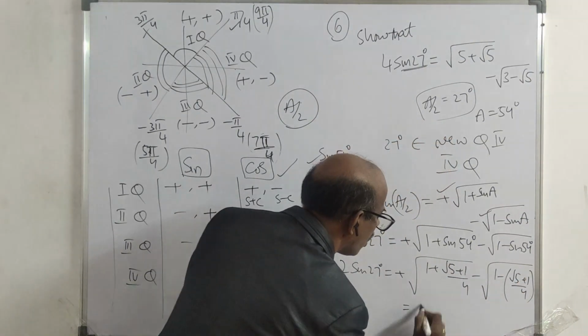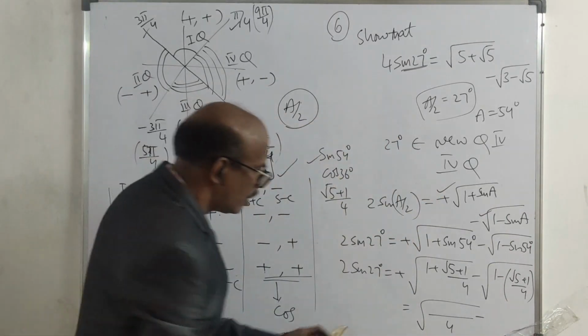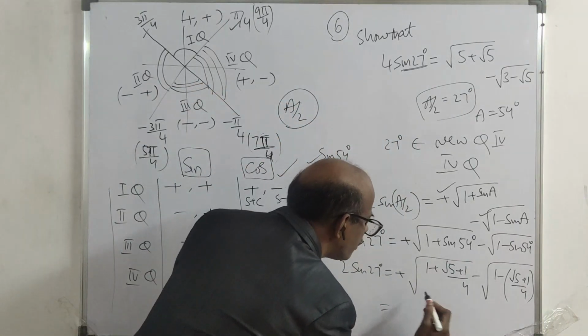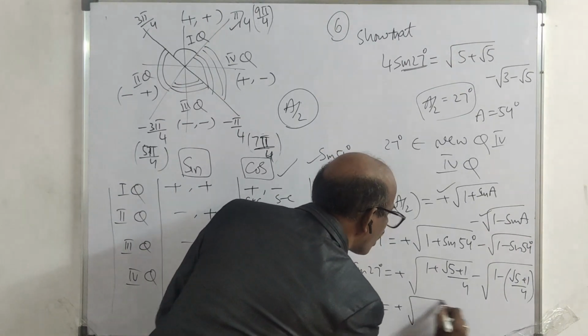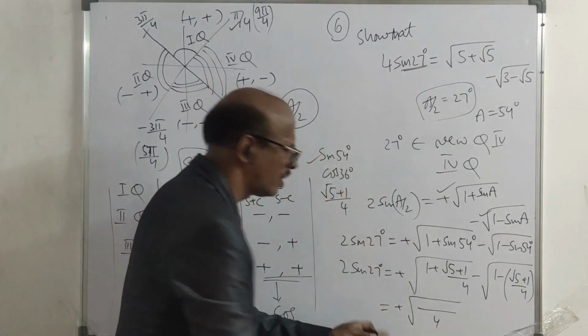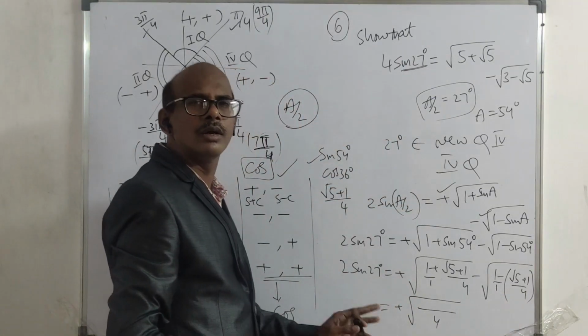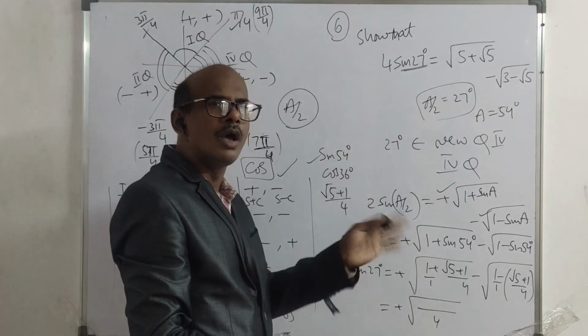If you take LCM, it will be 4 minus here also. Please wait here, clarity required. Don't get confused, my dear student. In my class students never get confused, because retention matters, not that much intelligence. Intelligence is not required for JEE Mains and Advanced.